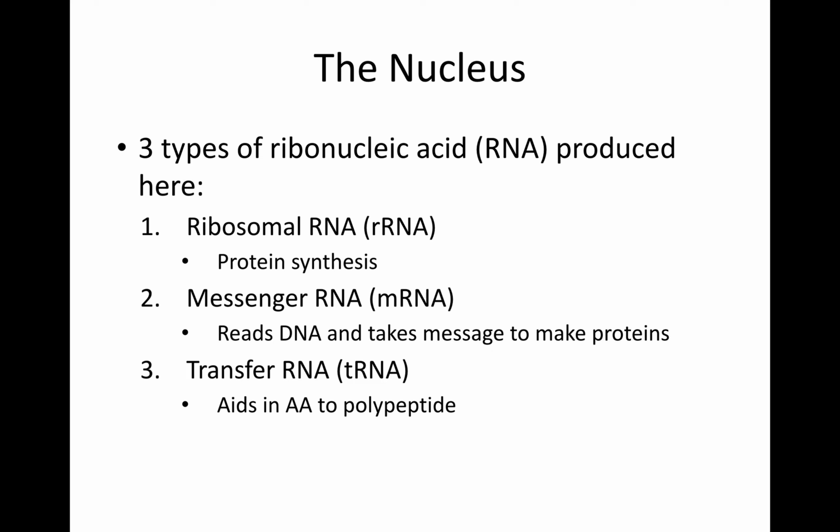You have mRNA, which stands for messenger RNA. This type of RNA reads DNA and takes a message, like I talked about going through that pore, to make the protein, whatever protein that DNA tells it to. And then the third kind is tRNA, and it stands for transfer RNA.